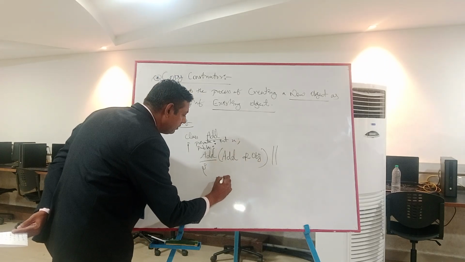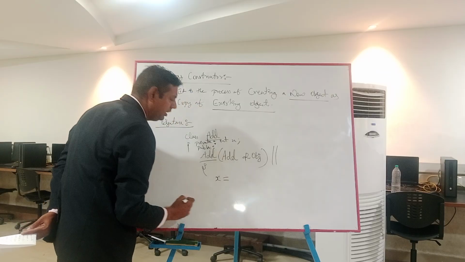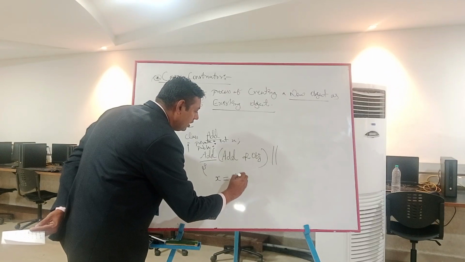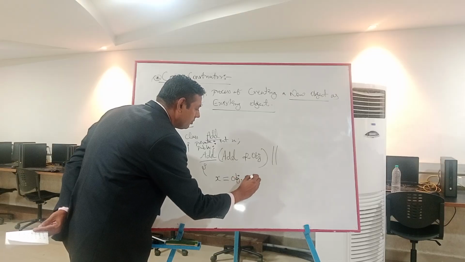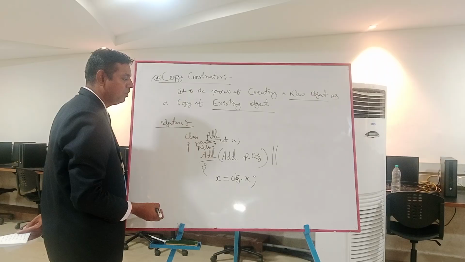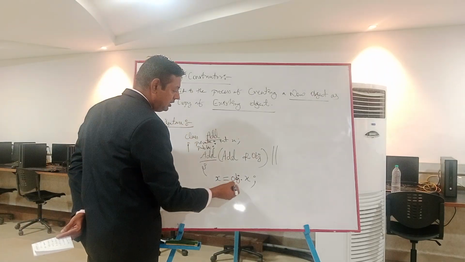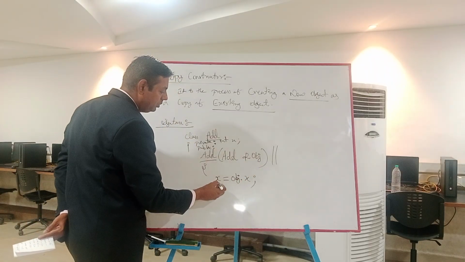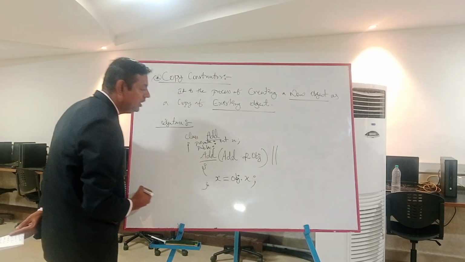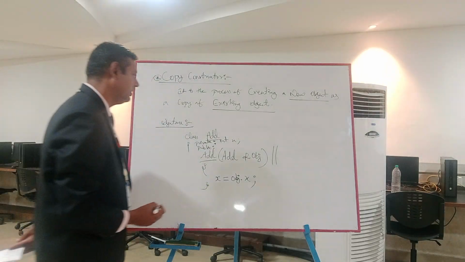So here x is equal to obj dot x. If I give this statement, then the value will be assigned to x here.